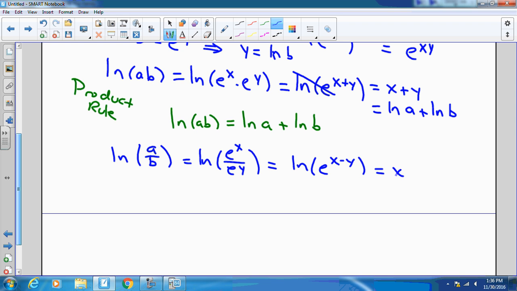Which equals, it's the same as x minus y, and x is ln A. Exactly so. So that we arrive at our quotient rule for logs.